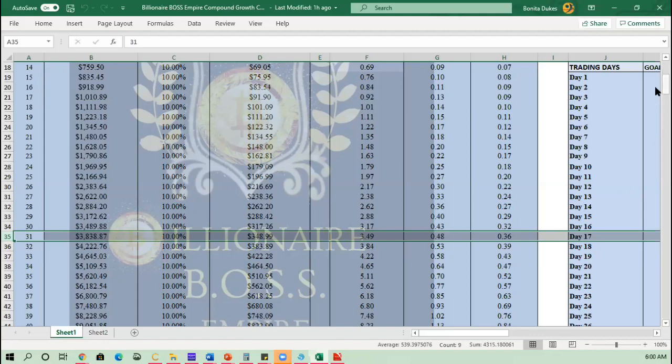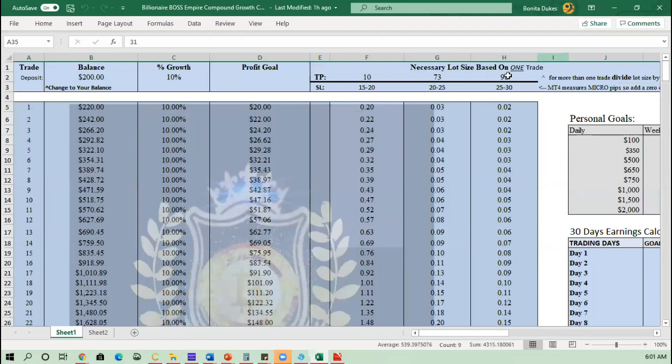Thinking about that, these are the number of trades that you will be getting into. So if you get into 10 trades for the day, and you don't try to do no more than 10 trades, so you're looking at the take profit, the total pips of 10.